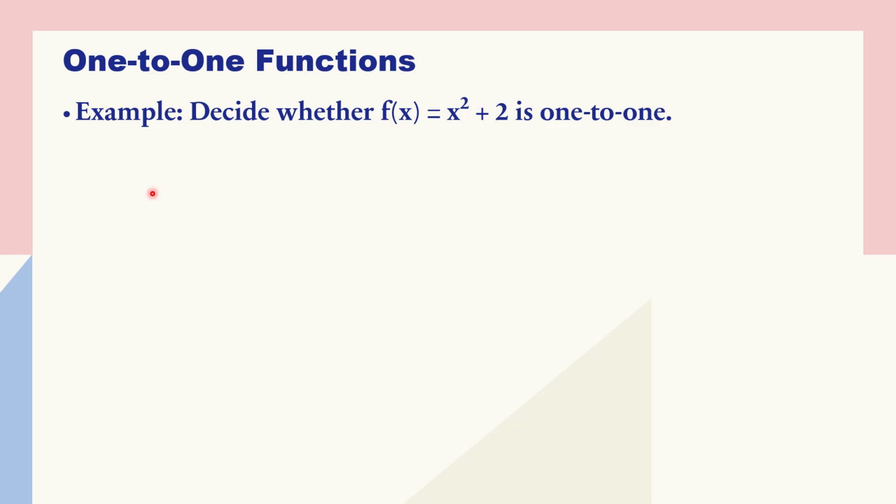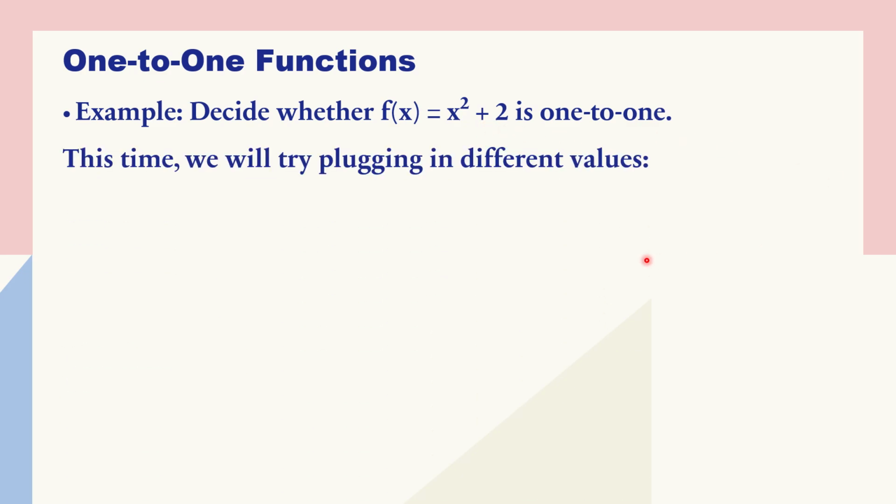Now let's take one more example to decide whether f of x is equal to x squared plus 2 is one-to-one or not. This time we will try to plug in different values in the function. So for x equal to 3, f of 3 is equal to 11, and for x equal to minus 3, f of minus 3 is also equal to 11.